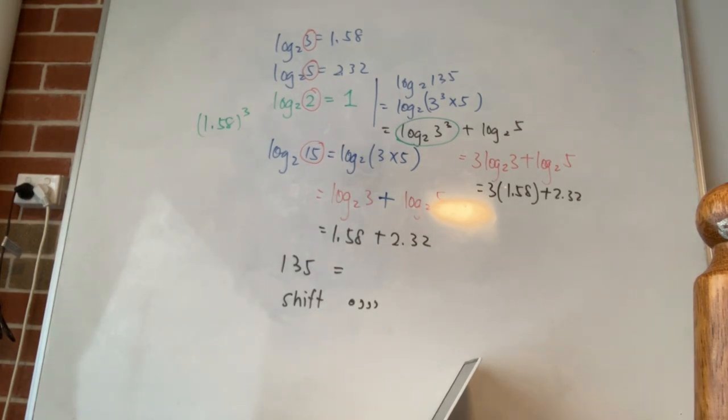Okay, you put 135 in the calculator, equal, and then shift, degree button. It will give you this number.